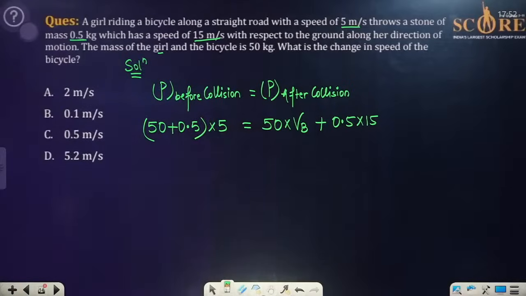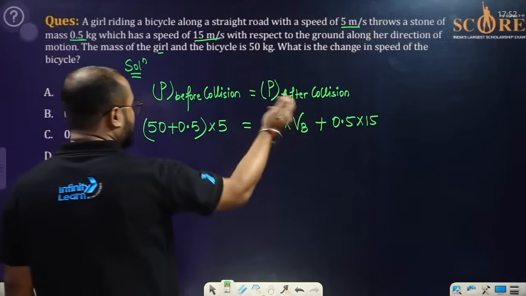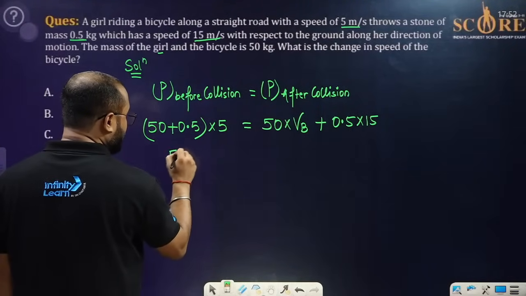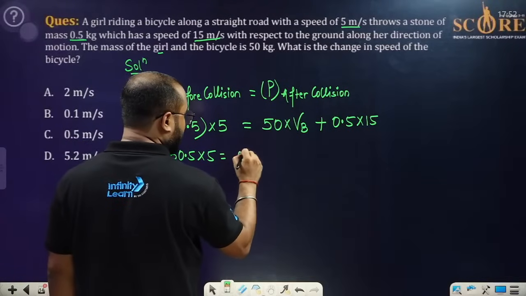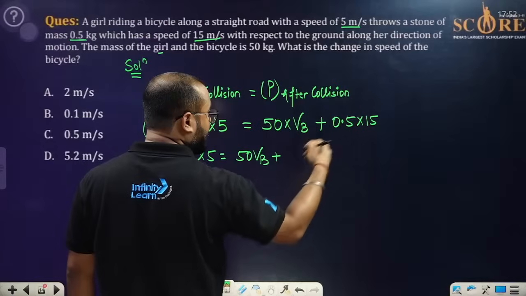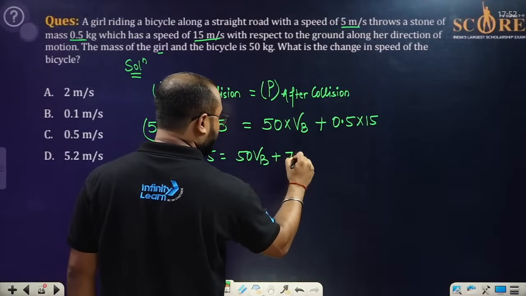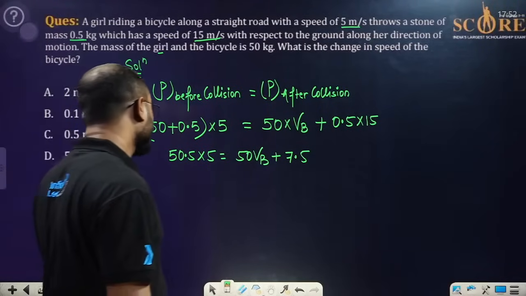Simple. We have to find out the value of VB, that is the velocity of the bicycle. It is going to be 50.5 multiplied by 5 equals 50 multiplied by VB, the velocity of the bicycle, plus half of 15, that is 7.5.